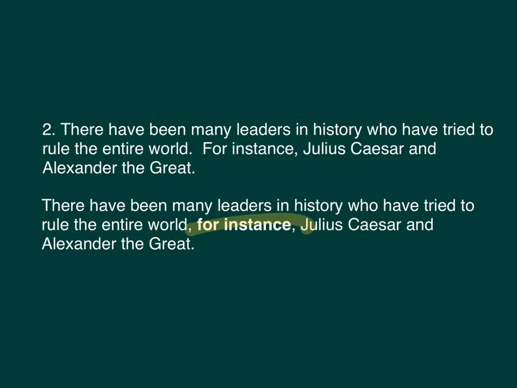So when we are introducing Julius Caesar and Alexander the Great into the sentence, we do not need to create a new sentence to introduce them. Instead, we should just add a comma before for instance and a comma after for instance to introduce Julius Caesar and Alexander the Great into the sentence to make the entire meaning or further details of the sentence better.